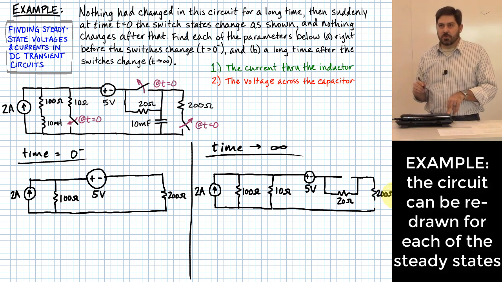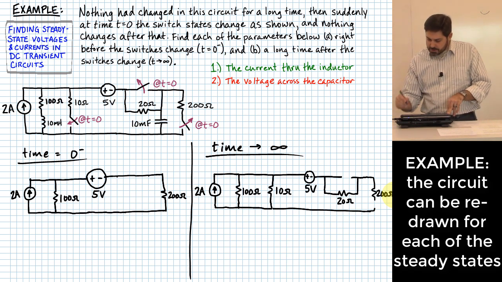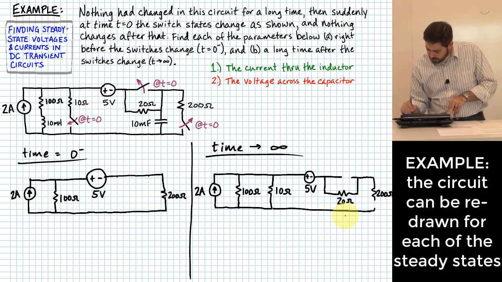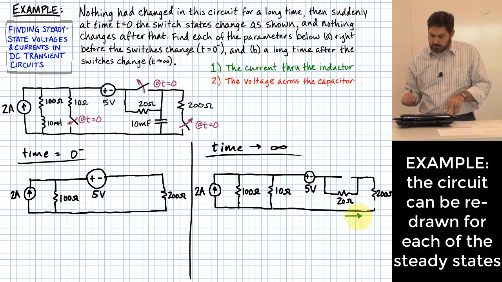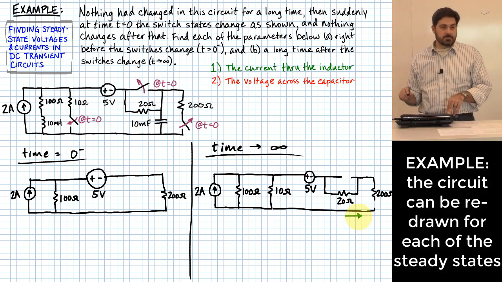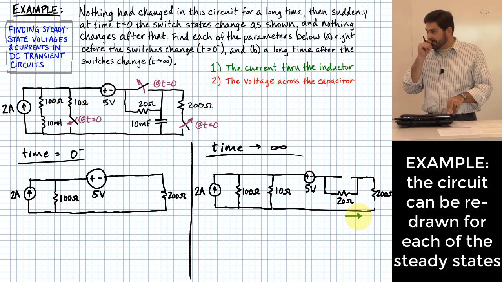So here's a question for you. How much current can flow on this circuit over here? There is no path anymore for current to keep flowing over there. We'll use that here in just a minute whenever we start getting ready to analyze that circuit.